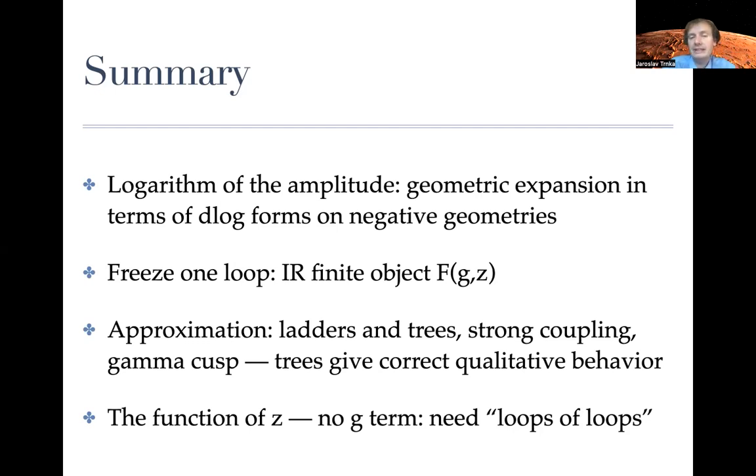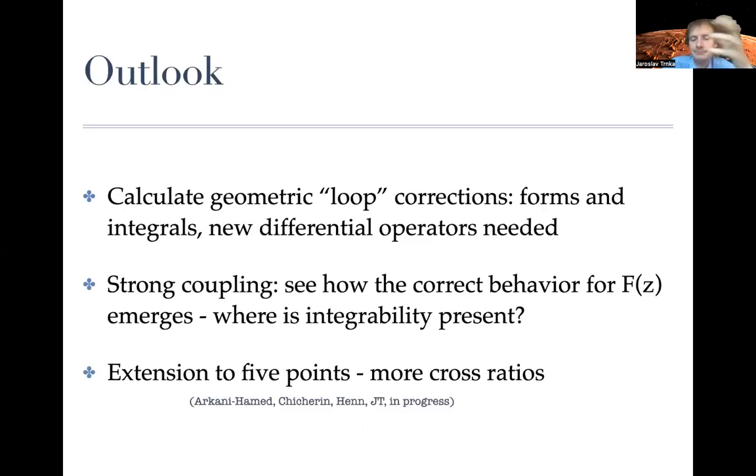We are definitely not getting the right answer because we are missing all the graphs that we ignored, which had these internal loops. But surprisingly, for the gamma cusp, the behavior was qualitatively correct, although of course the particular constants are different. So now the main question is what these loop corrections are.